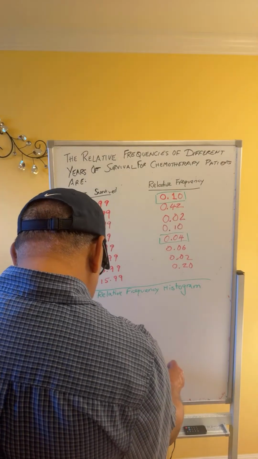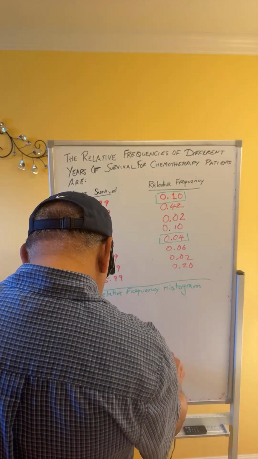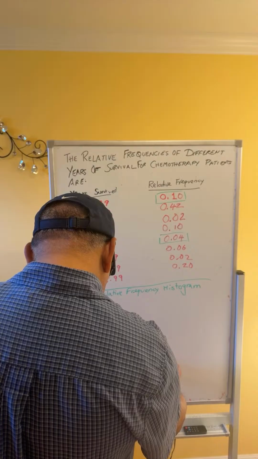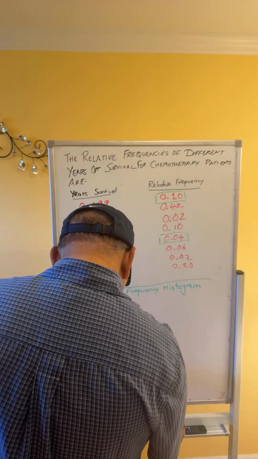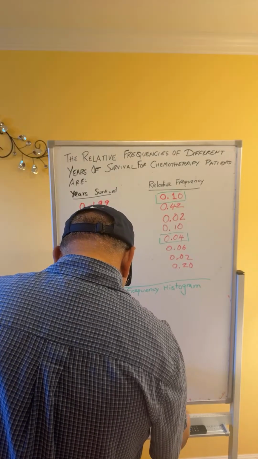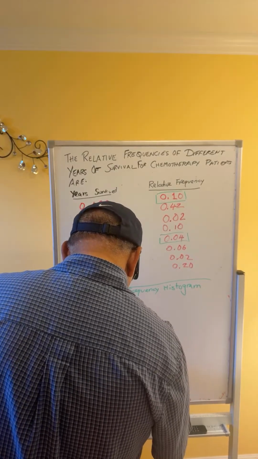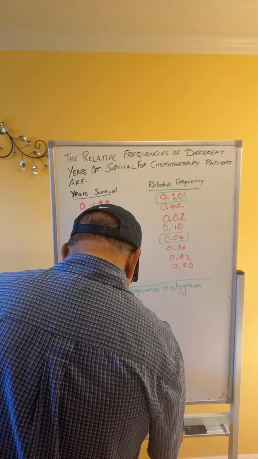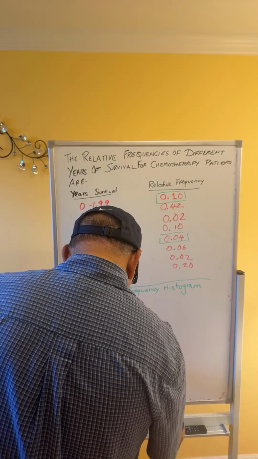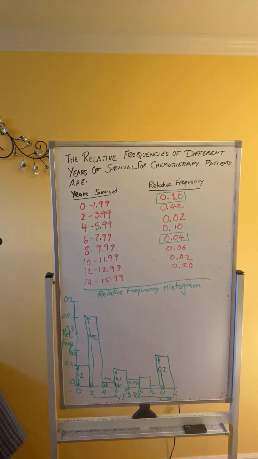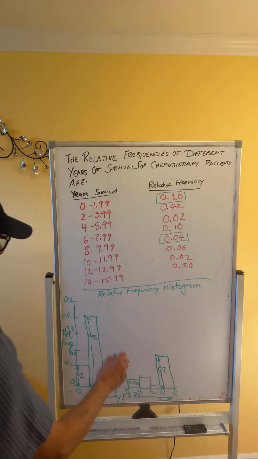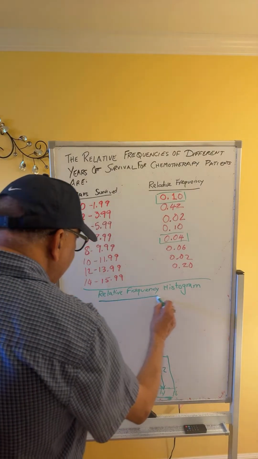So this height is 0.2, relative frequency between 14 and 16. Now this is the relative frequency histogram.